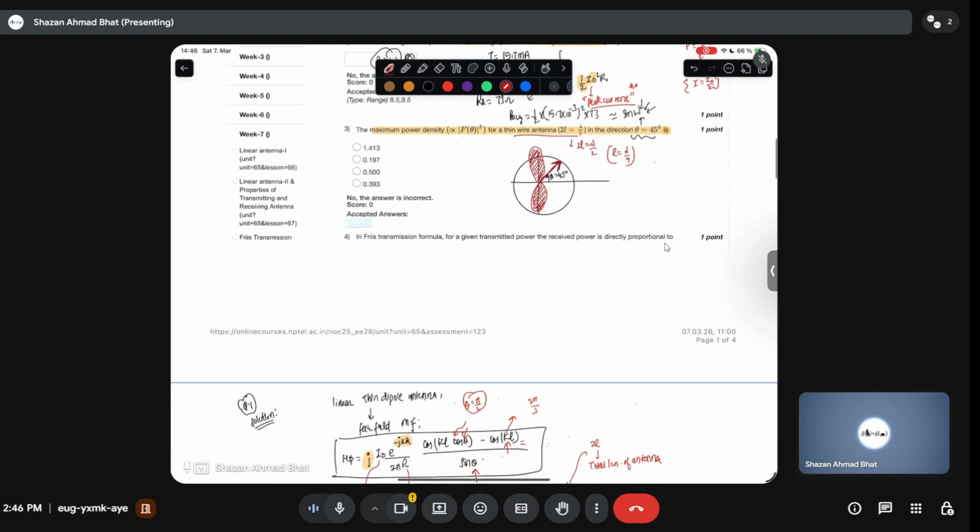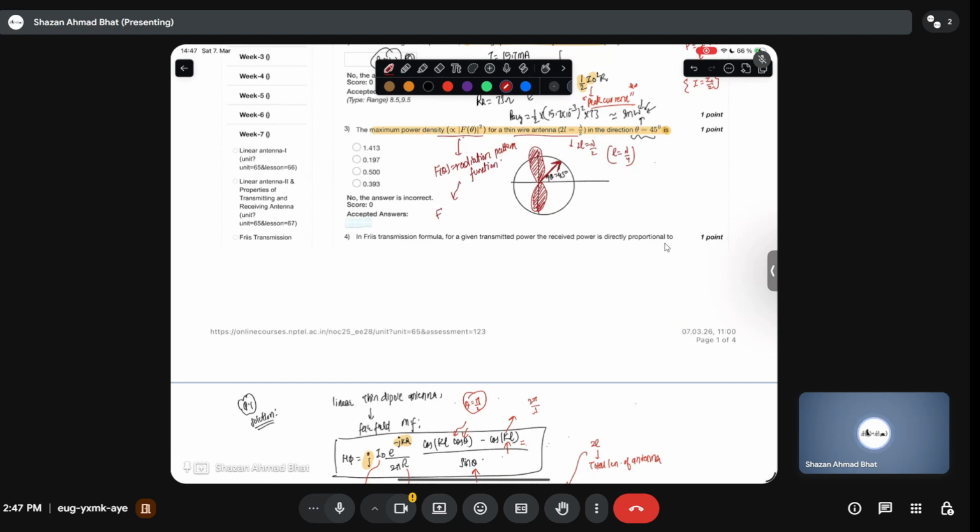And what else is given? Maximum power density is proportional to F theta square. So what is this F theta? This F theta is called the radiation pattern function.